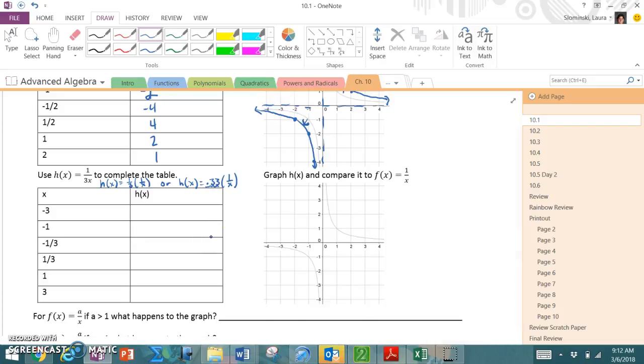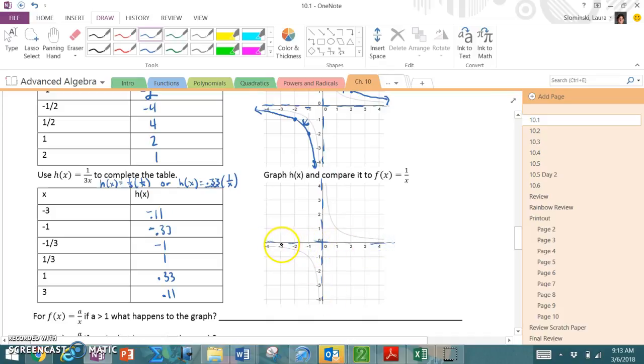Okay? So when I did 1/3 times 1 over negative 3, I actually get 1 over negative 9, which is negative 0.11. 1/3 times 1 over negative 1, I get negative 0.33. So negative 1/3. I got negative 1, positive 1, positive 0.33, and positive 0.11. So again, we haven't shifted at all, so my vertical asymptote stays here, my horizontal stays here.